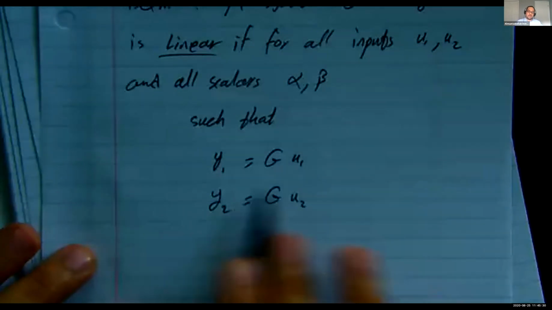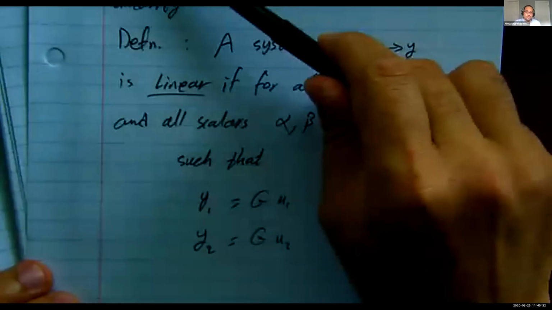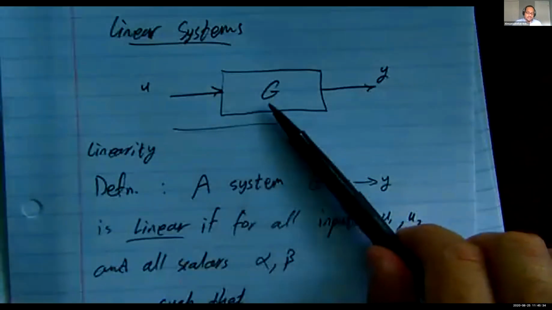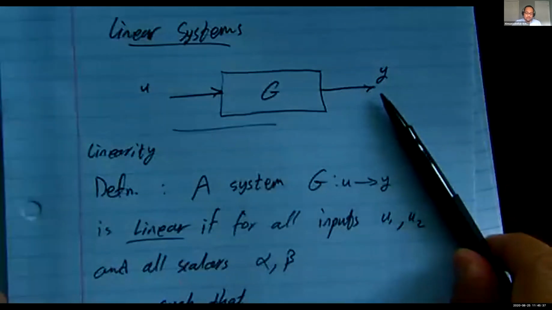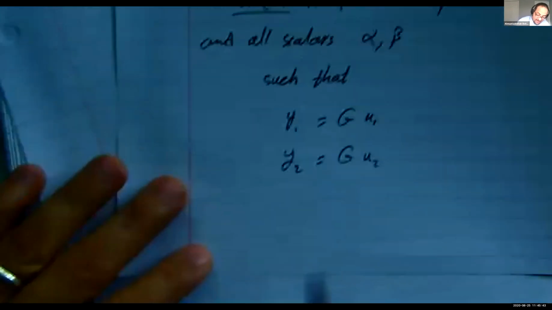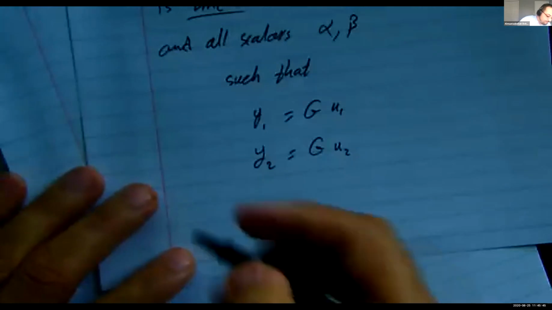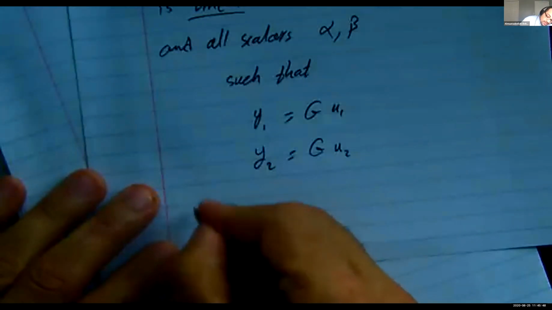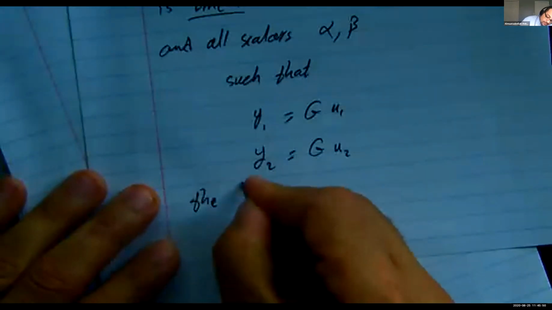So these are the definitions. Here you give U1 to the system G, it gives you Y1. And if you give it U2, it gives you Y2. So if that's the case, and G is linear, then the following holds.